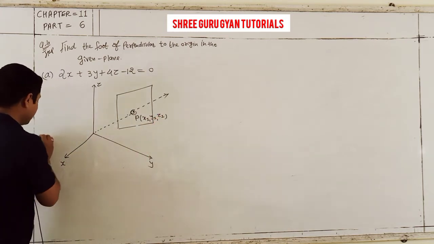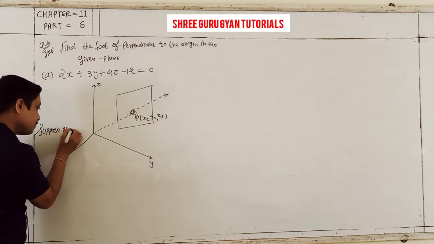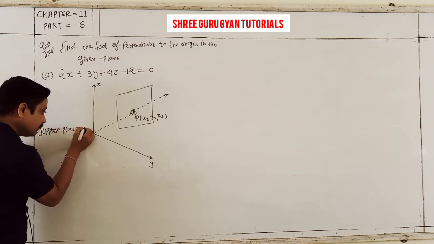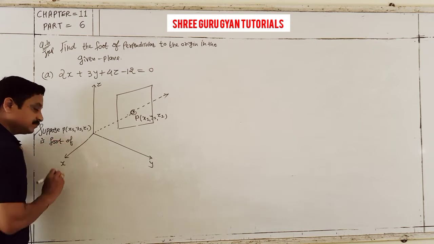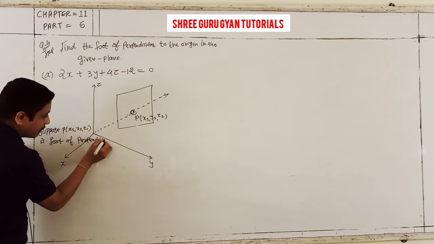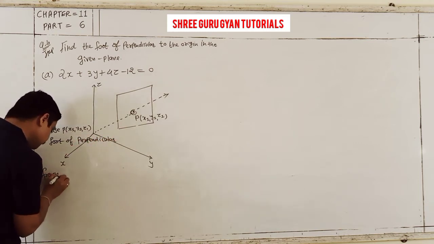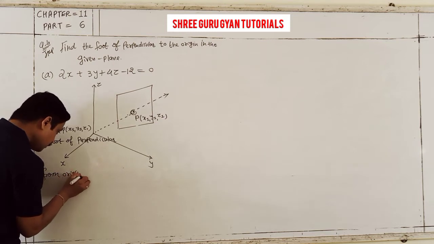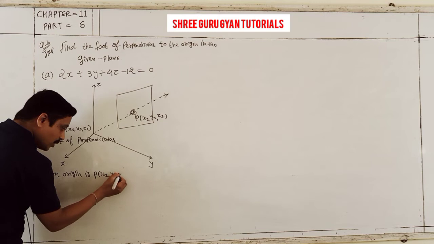So you mention here, suppose P (x1, y1, z1) is the foot of the perpendicular from the origin.